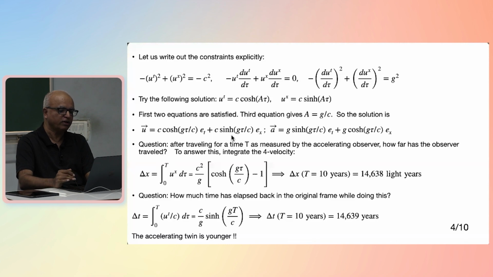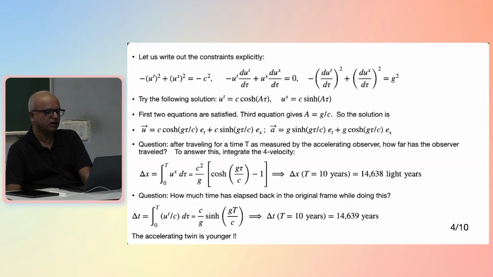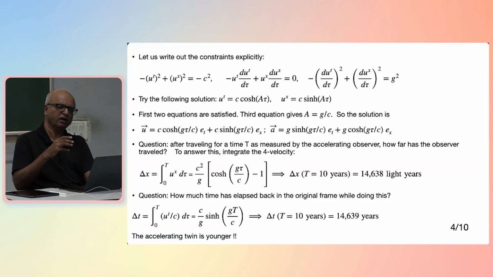The spatial component, instead of A tau, instead of At, I have sinh g tau by c. What happens for small g and small tau? Sinh x is just x. So, that is g tau by c. C cancels, you get g tau. You get the non-relativistic solution for small g and small tau, so long as g tau is small.